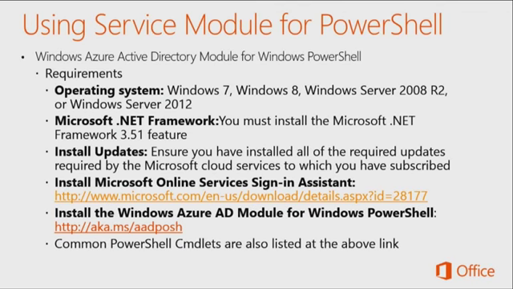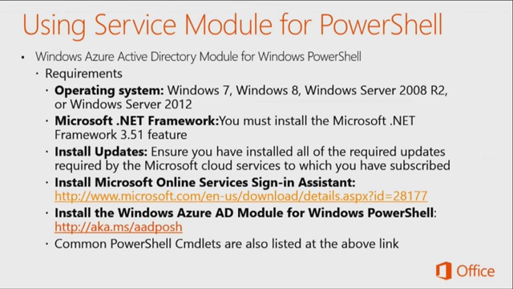So using the Service Module for PowerShell, it's got a new name, Windows Azure Active Directory Module for Windows PowerShell. And what does that mean? It's online, right? It loads the modules so we can manage. It loads the modules so we can connect. Yep. Operating system requirements: Windows 7, 8, of course, server platforms 2008 and 2012.